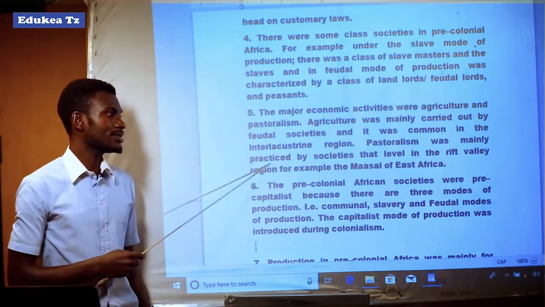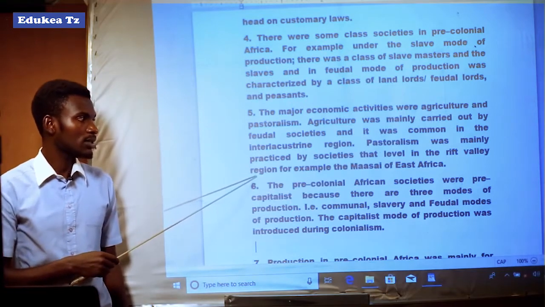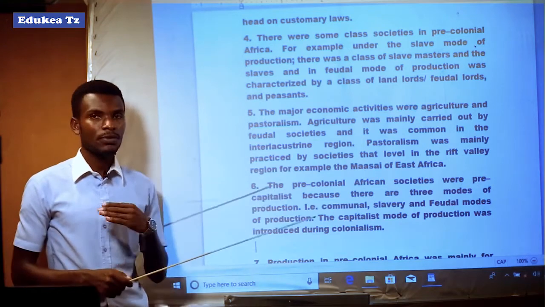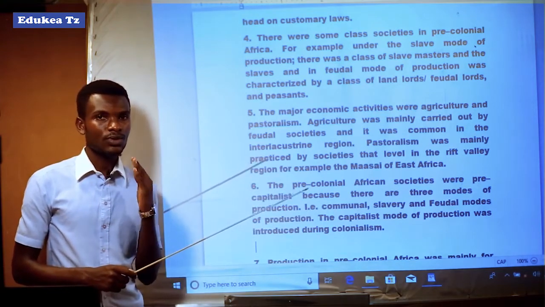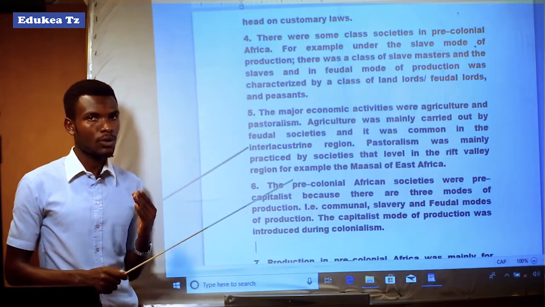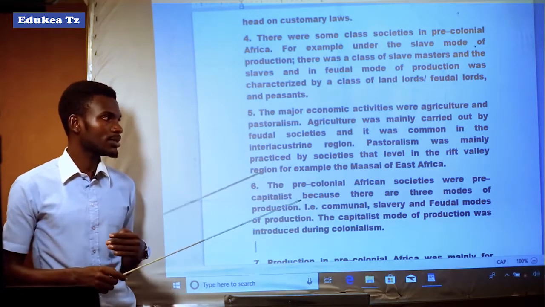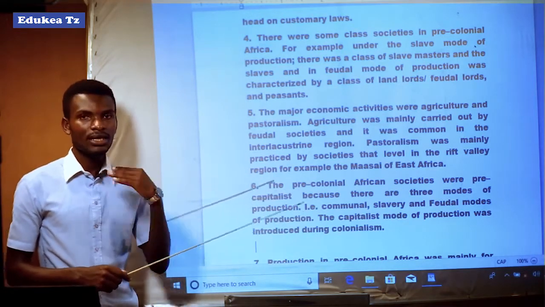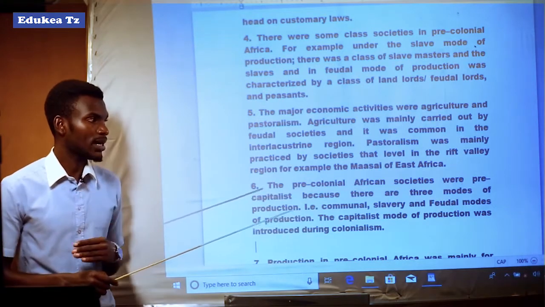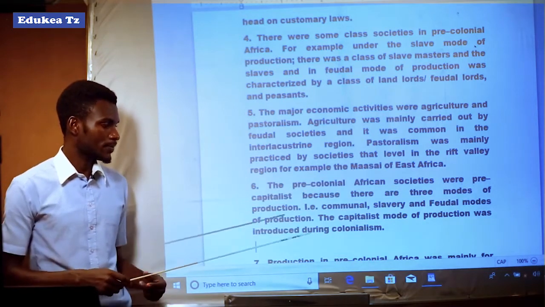Pastoralism was mainly practiced by societies in the Rift Valley region, for example the Maasai of East Africa, who are the best example of a pastoralist society.